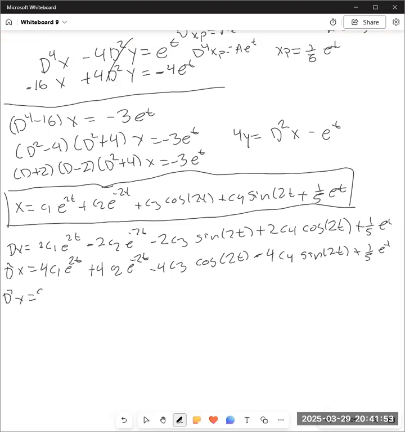d3x is 8c1 e to the 2t minus 8c2 e to the negative 2t plus 8c3 sine of 2t minus 8c4 cosine of 2t plus 1/5 e to the t.